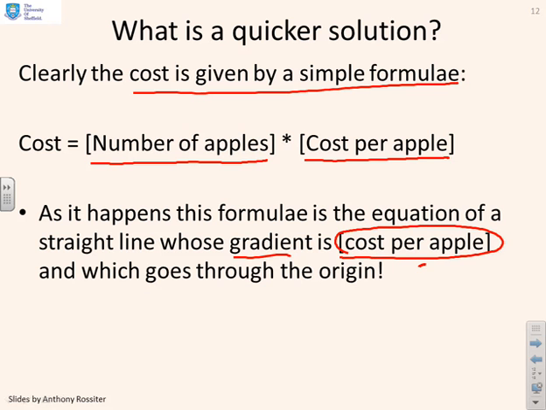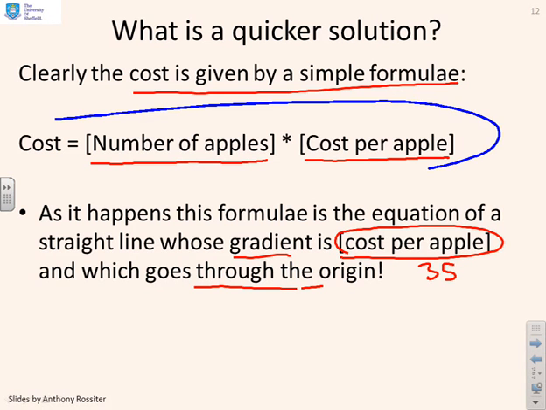And what was the cost per apple? It was 35, and the other thing about this equation is it goes through the origin. So you'll find we've got an equation here: cost equals number of apples times cost per apple, which represents the data on our graph. So rather than producing the whole graph, all we need to do is remember we've got this formula.